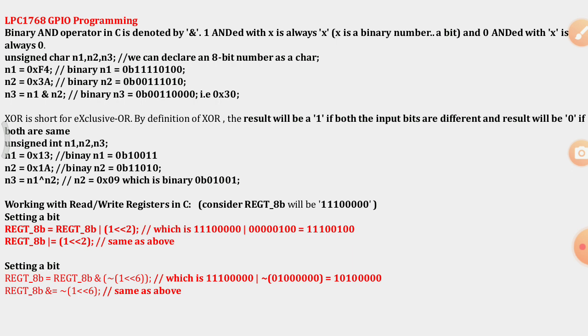So this will become 10111111. When we AND this number with 11100000, the result will be 10100000. This is even equivalent to this: we can do it as reg_8b &= ~(1 << 6). It is the same as the above one.